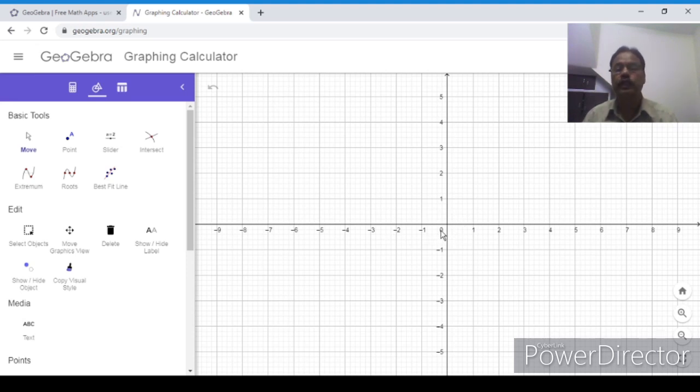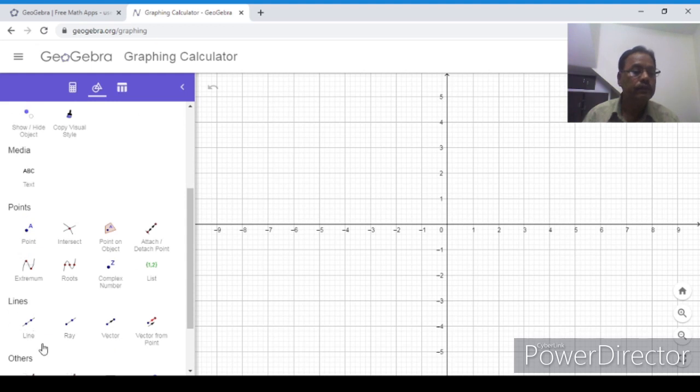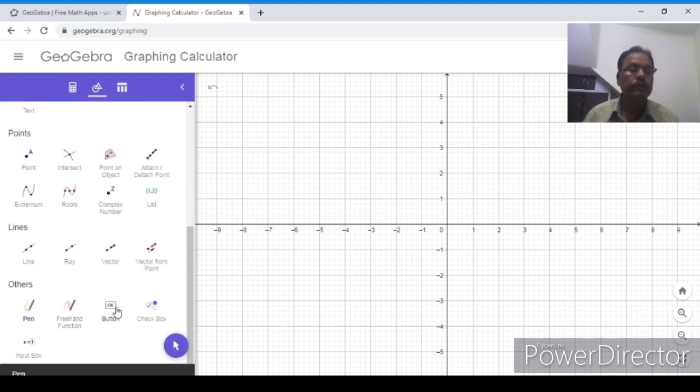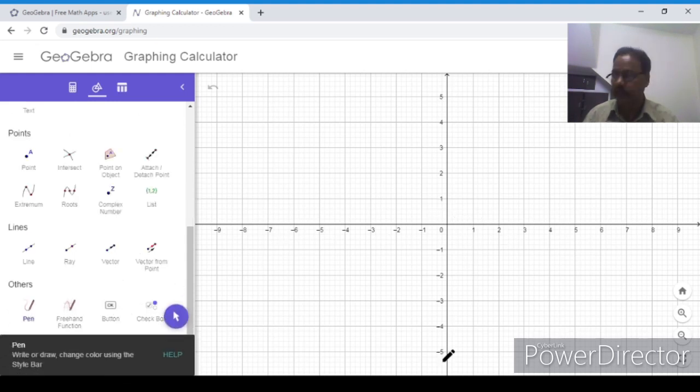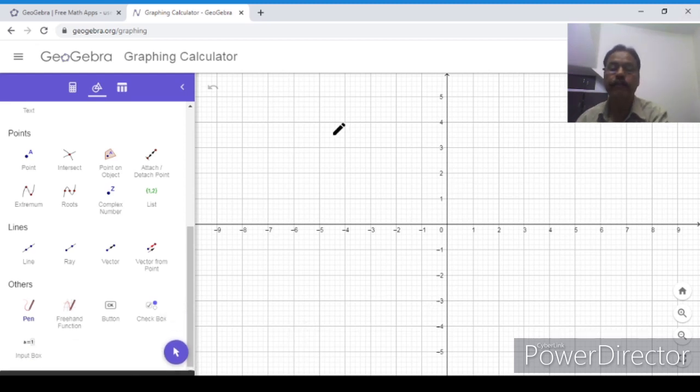6, 4 means we shall move 6 units on the x-axis. Yes, 6 units on the x-axis. So we are moving here 6 units on the x-axis. 1, 2, 3, 4, 5, 6. We have reached here.